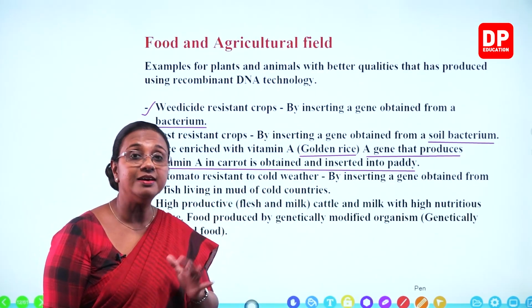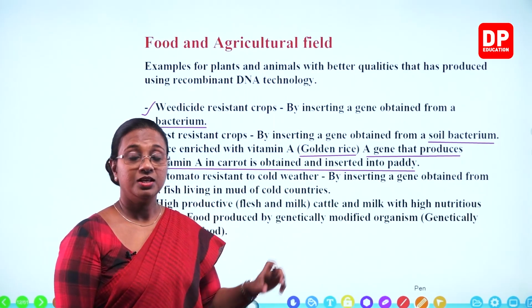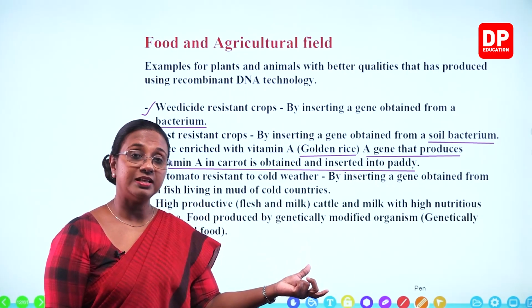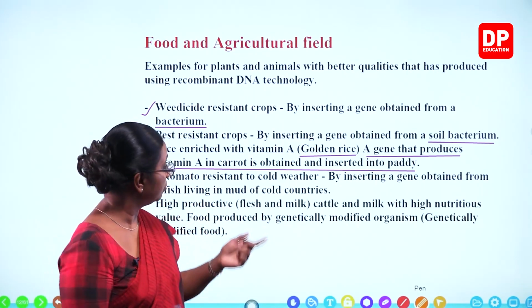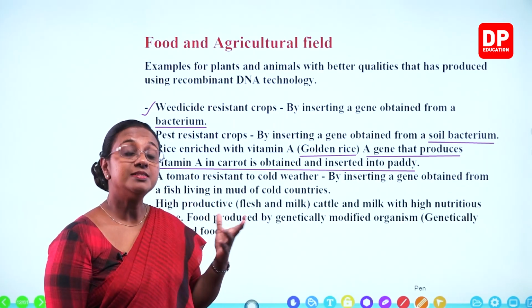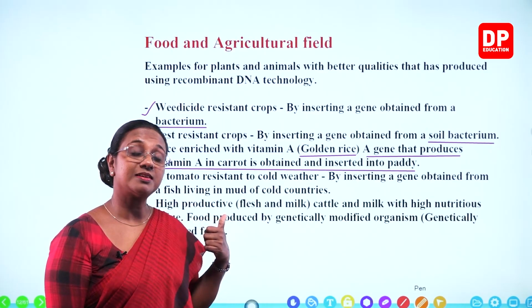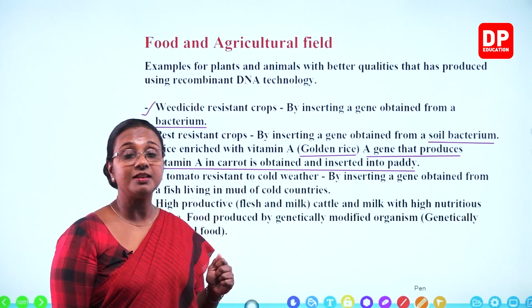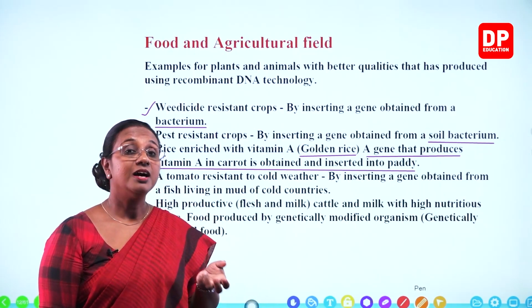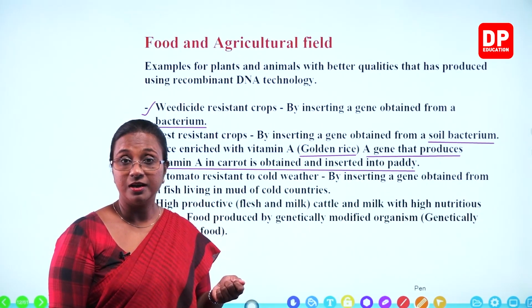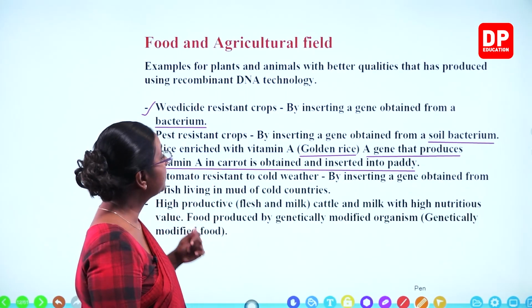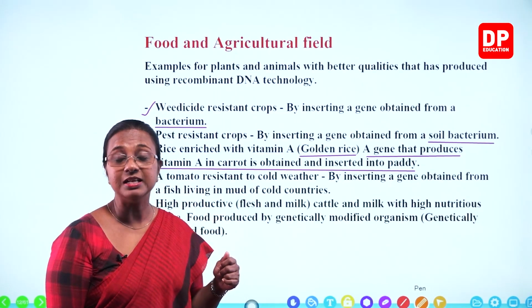So you add a gene. You have the gene in carrots, you take that and you add it to paddy. The same way we discussed when we discussed microorganisms in the previous grade, a bacterium, Erwinia uredovora, is also used in the production of golden rice.